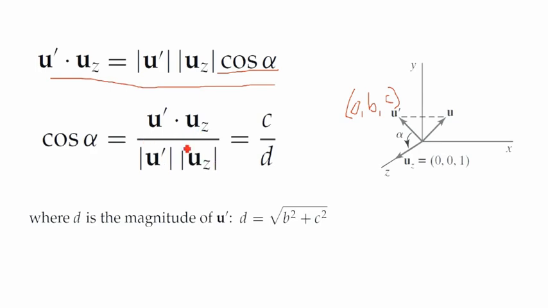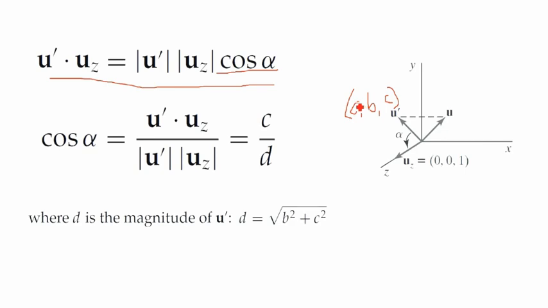Now the dot product between this vector and this vector can be given as 0 into 0, the x term is 0, plus b into 0, that is 0, plus c into 1, that is c. So the dot product that I get is c.